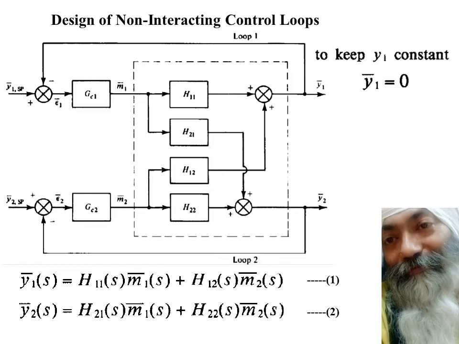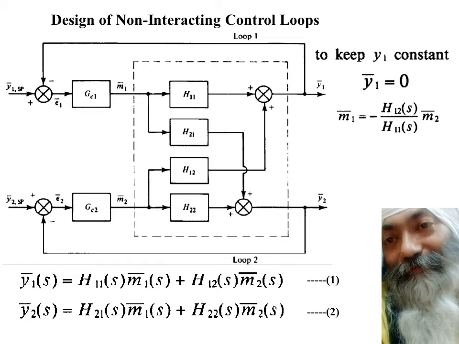And so, just have a look at equation number 1 once again. In equation number 1, if I put this y1 bar equal to 0, what will I get? I will get that m1 is nothing but it's equal to, as this term is going to go on the left, it will require a negative sign.